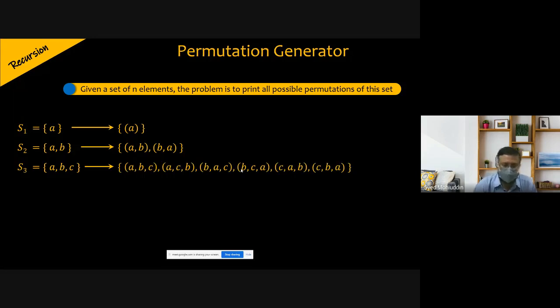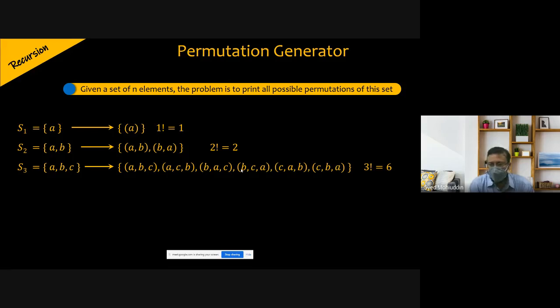Now, if you look at the set with 3 elements, if there is only one element, we have 1 factorial as the number of permutations. With 2 elements, we have 2 factorial, that is 2 permutations. And with 3 elements, it's 3 factorial, which is nothing but 6. Sorry, I told you 8 earlier, it's 6.